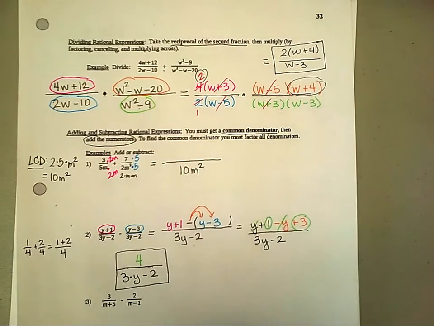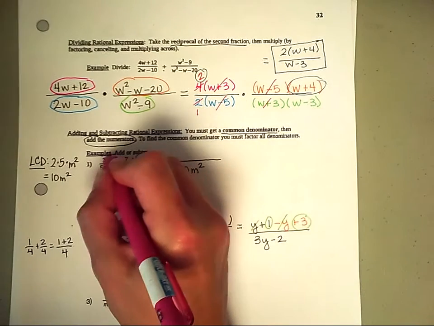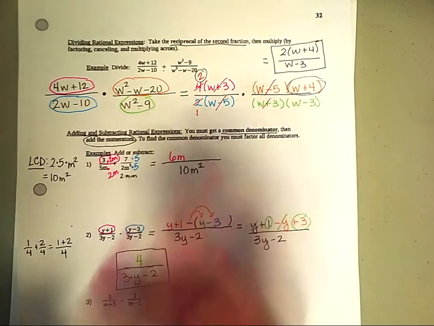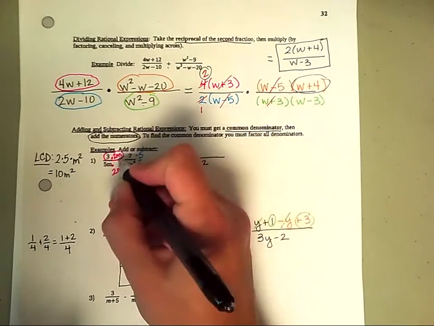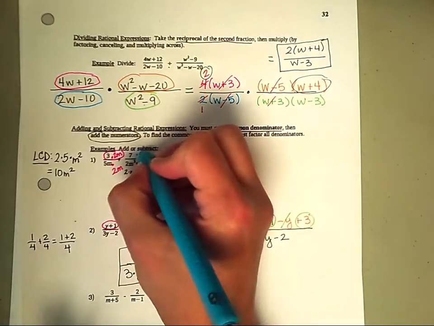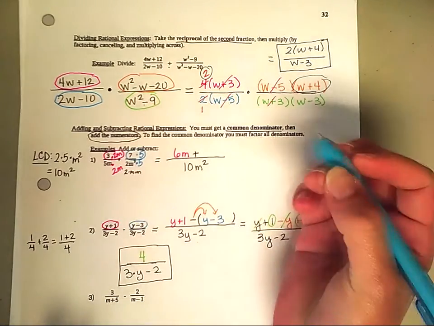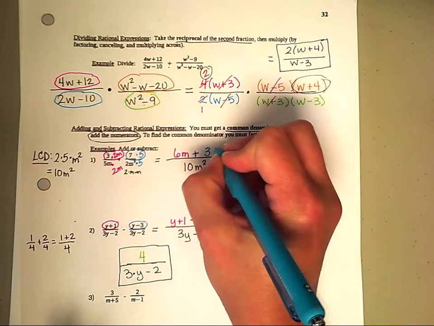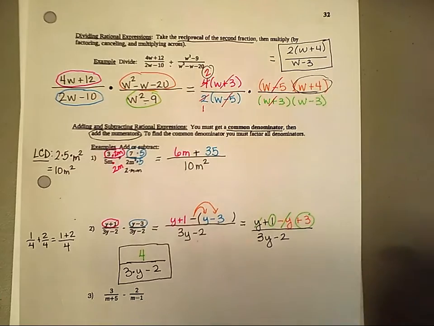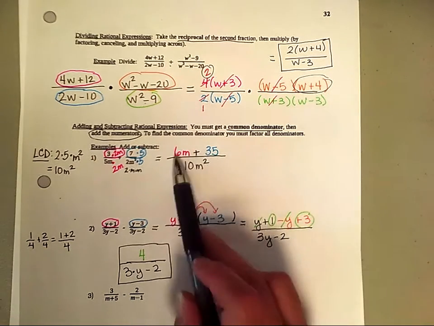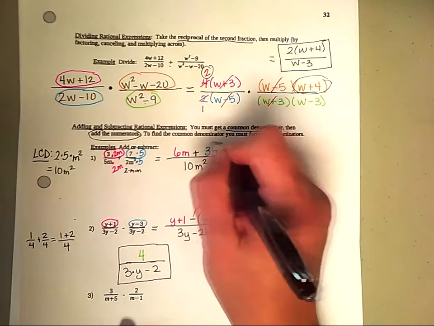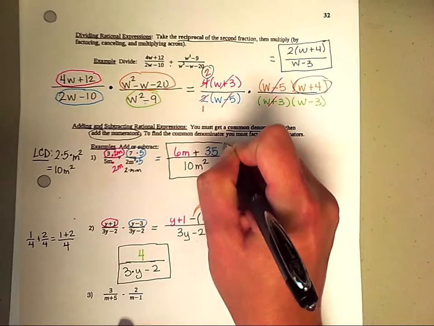I'm going to write it as one big fraction right now. The first numerator now is 3 times 2m, which is 6m. Since we were adding, we'll put the plus. And the second numerator is 7 times 5, which is 35. Now there's no common factors up here, so I can't factor it any further, which means there's no cancellation, and this will be our result.